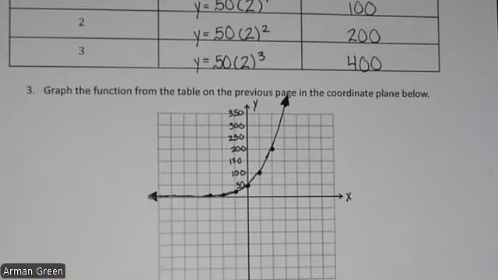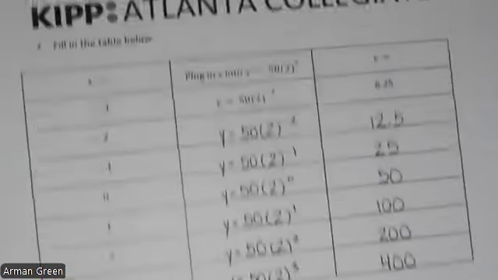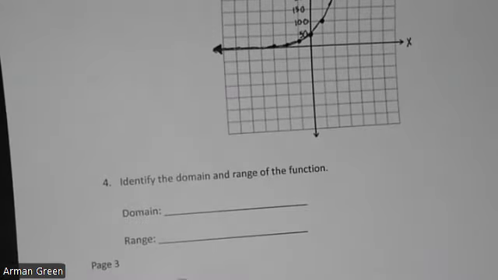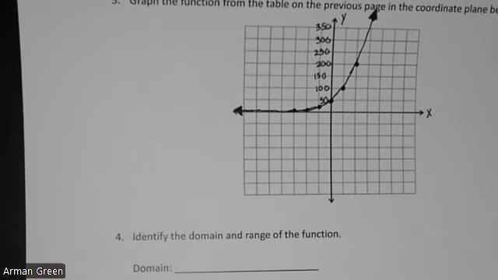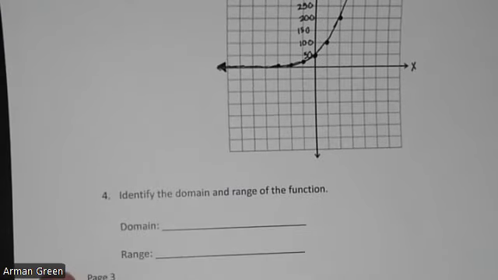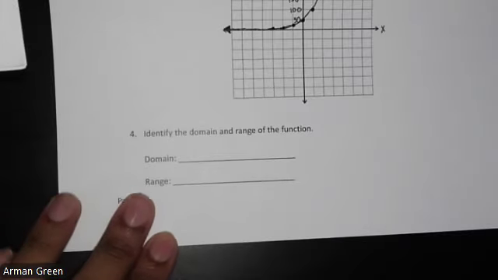And if we look at the bottom of page 3 now, what we're going to look at is taking all this information. And again, now we want to identify, based on the graph, the domain and the range. All right, so let me zoom out for a second. That's a little bit too much. Okay.